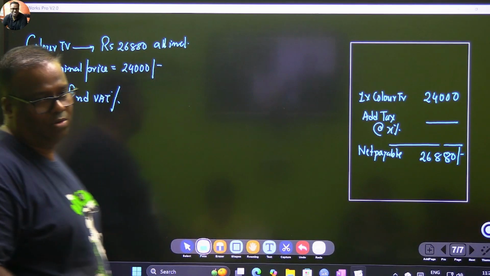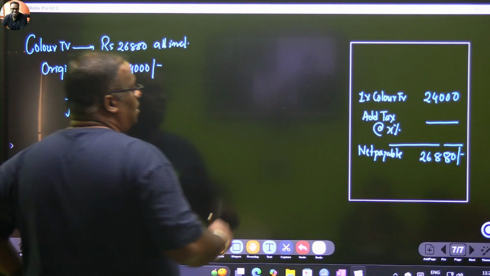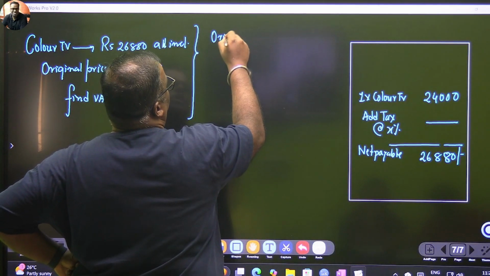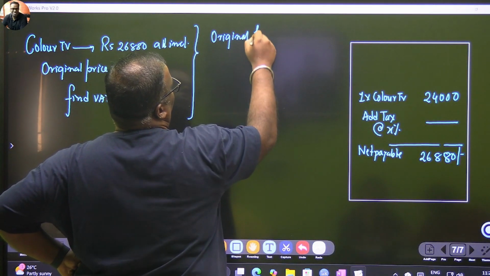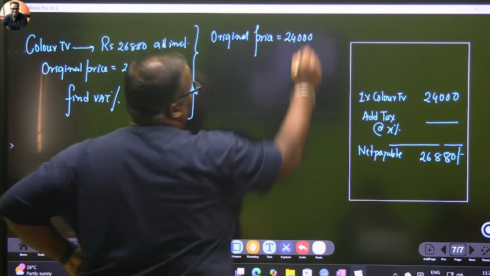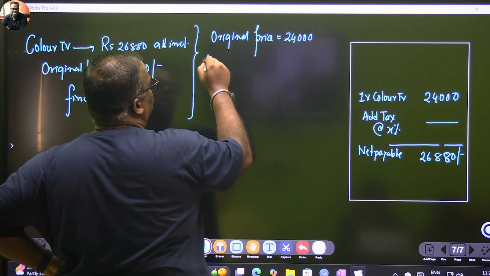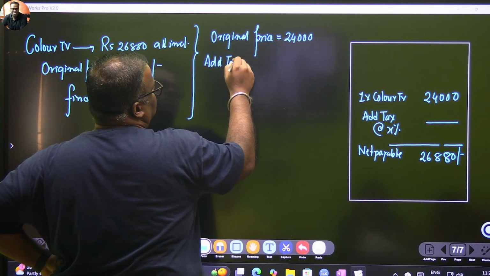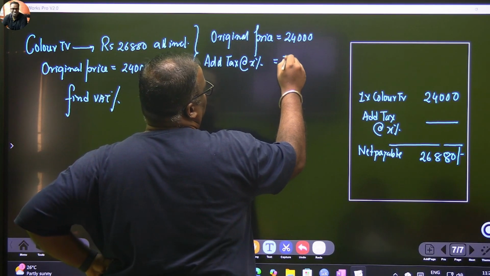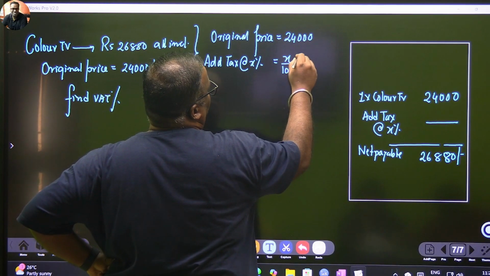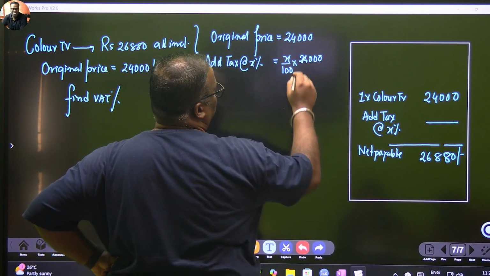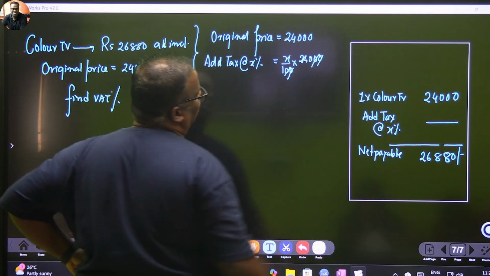So we do a reverse calculation, X percent. So we write, the original price is equal to 24,000. Agreed? Add tax at X percent. X percent means X by 100 into 24,000. So 0, 0 gone, 0, 0 gone.